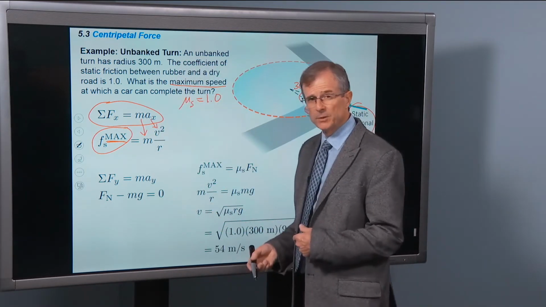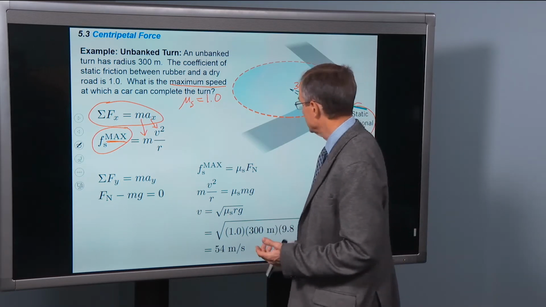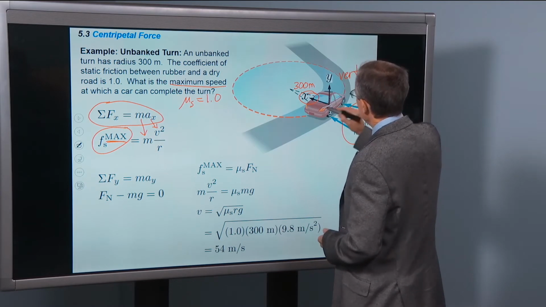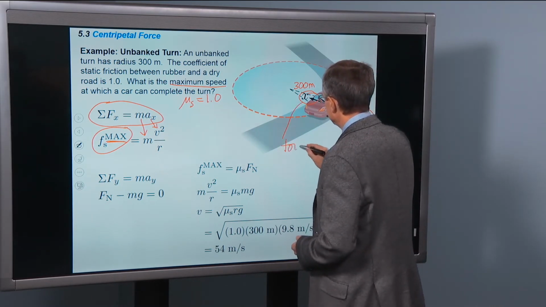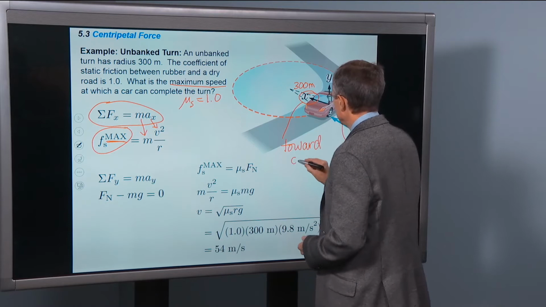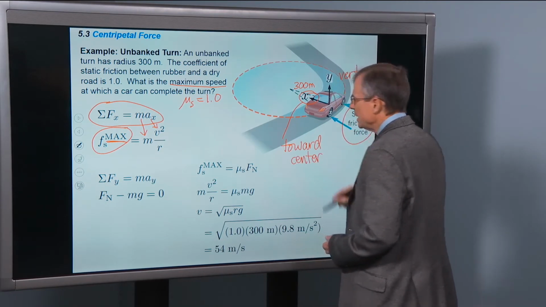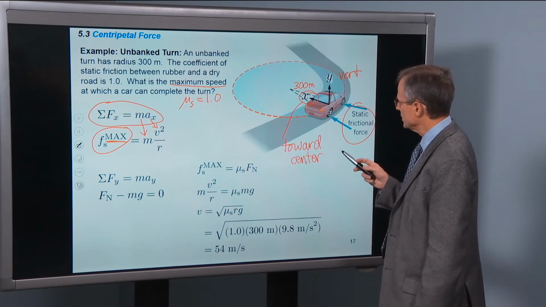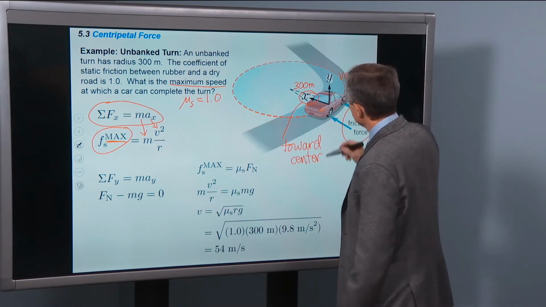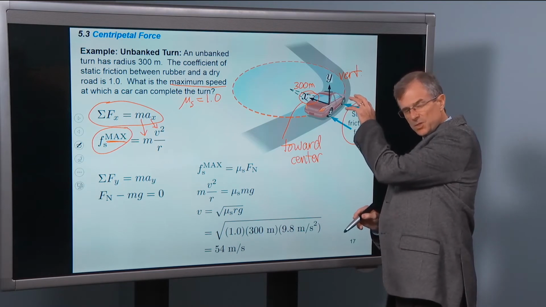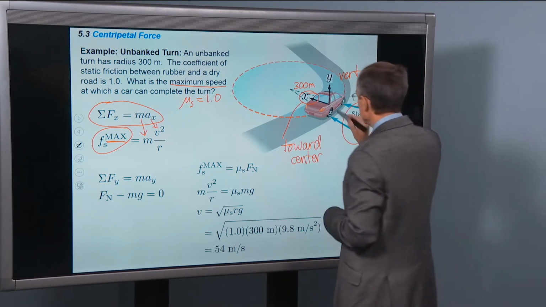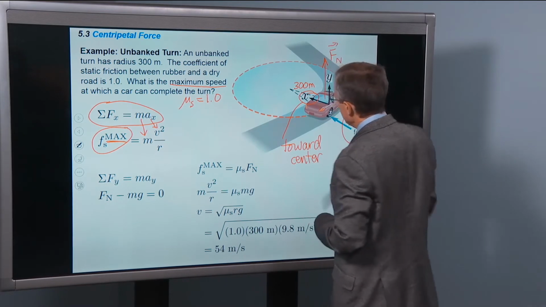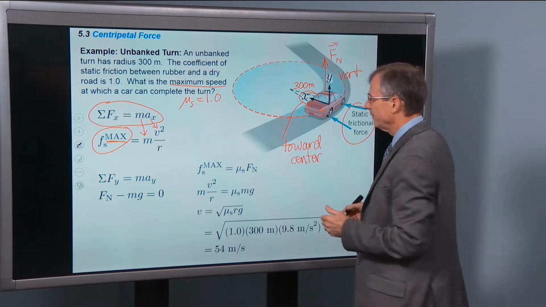We're also going to have to look at the forces in the y direction in this case. The y direction is vertical, so the x direction is toward the center. In the y direction, we need to figure out what those forces are. There are two forces. There's the force that stops the car from falling through the road, called the normal force. And then there's gravity, just the weight of the car.